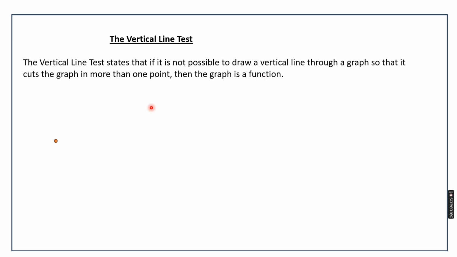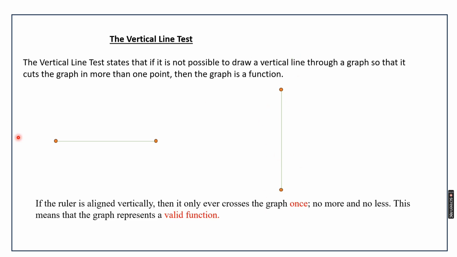A line connects two points. This is one point, another point, then this is called a line because it connects two points. This is a horizontal line, this is a vertical line. Our test is the vertical line test, so we use this.